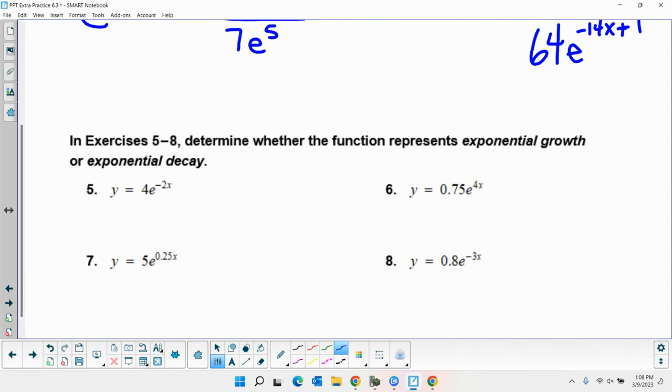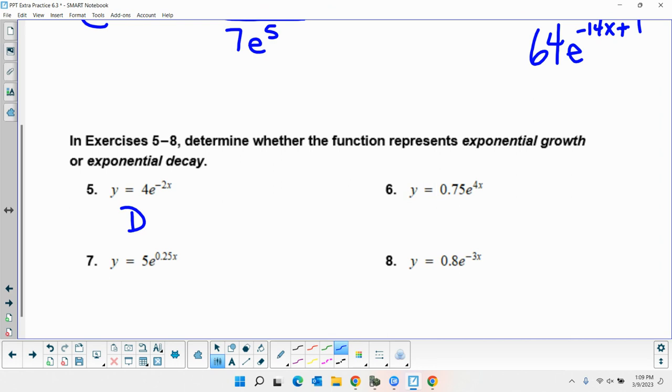Okay, but all of these have the E, all right? So what we look at is the exponent. If the exponent's positive, it's growth because of the E to the power. If the exponent's negative, it's decay, right? So this is a negative 2x exponent.